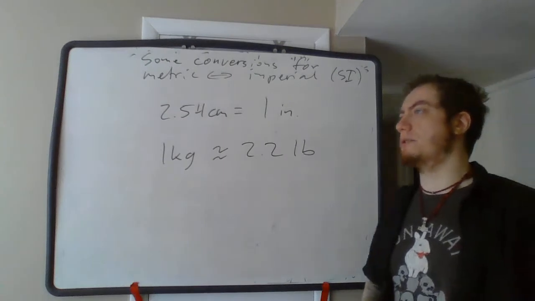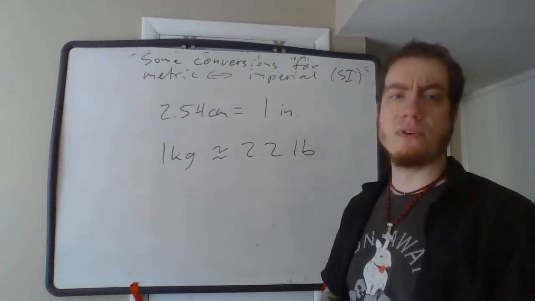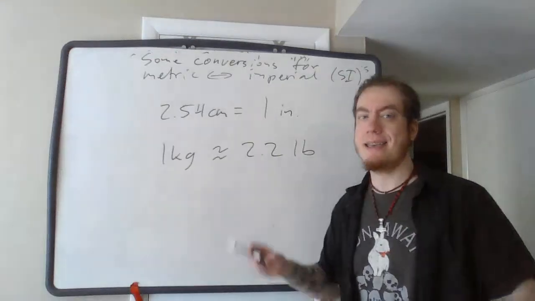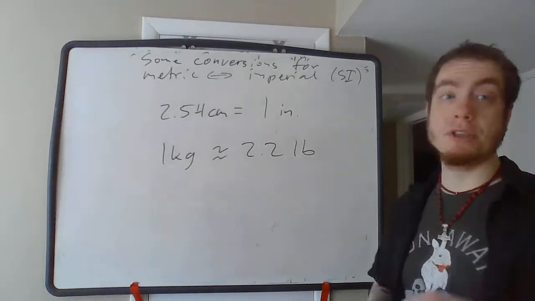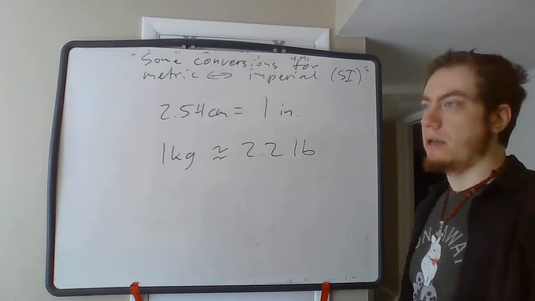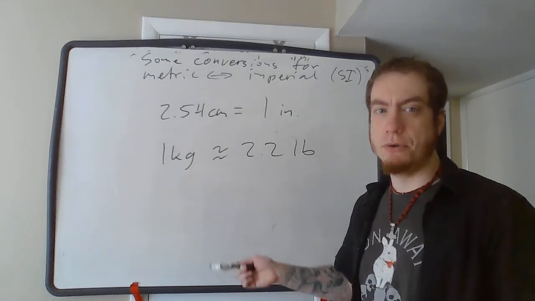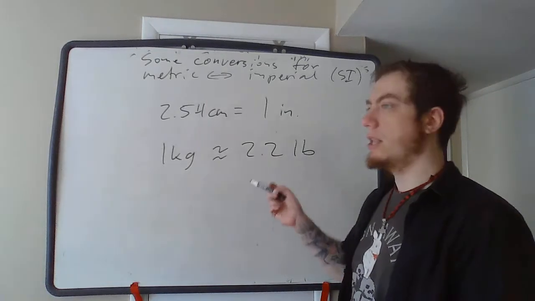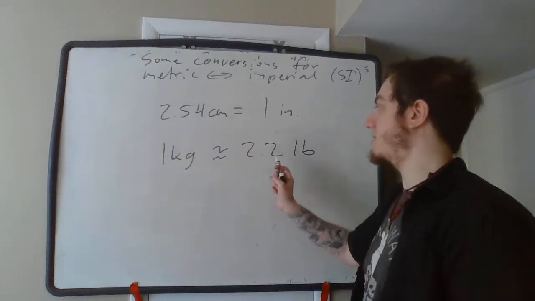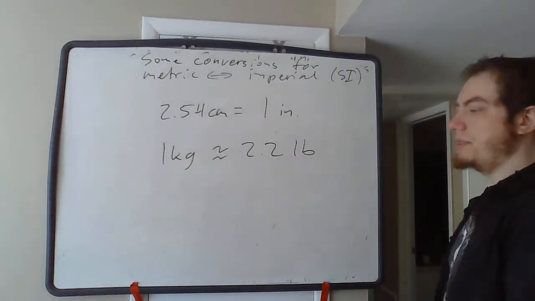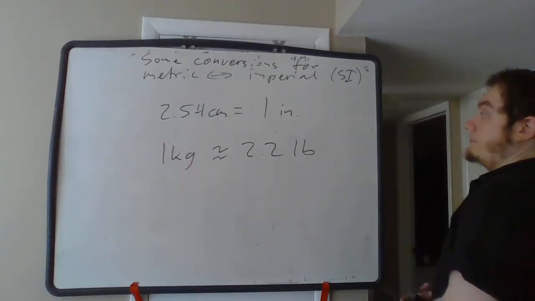It's actually something like 2.204 if I'm remembering correctly, but for most purposes, you can probably say, we just need the 2.2. If you really need it more accurately than that, obviously you can look it up, or you can memorize it if you want to. But usually if you're just trying to get an estimate, memorizing this much is fine. And if you really need precision, then you want to go and, of course, look it up.